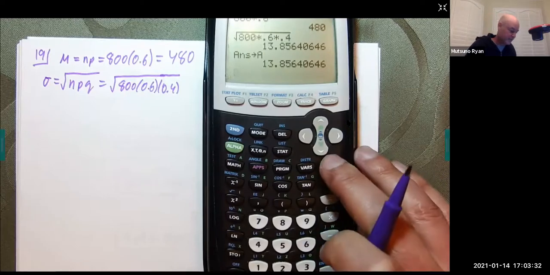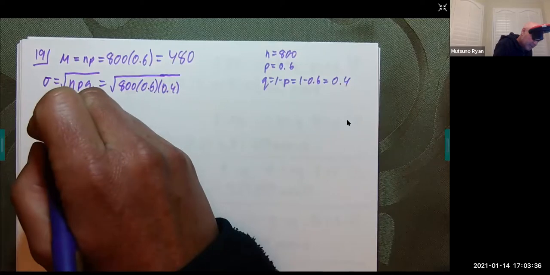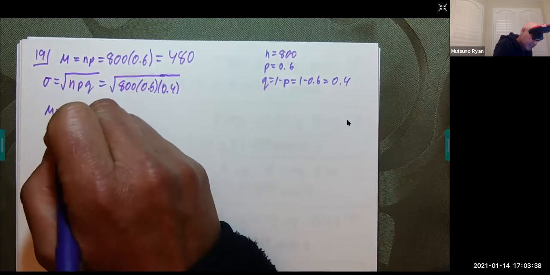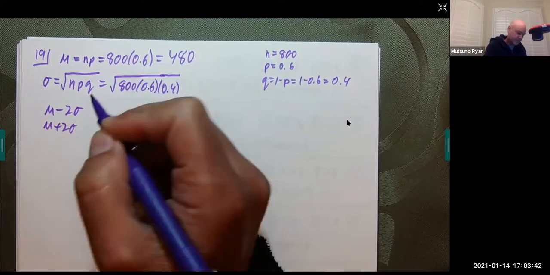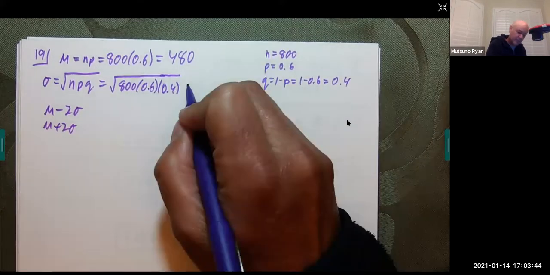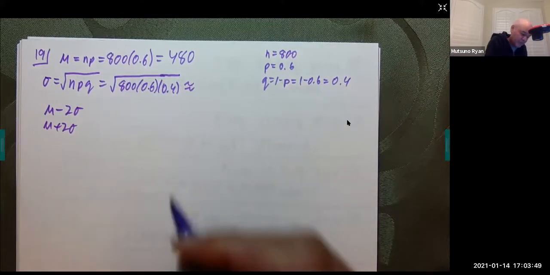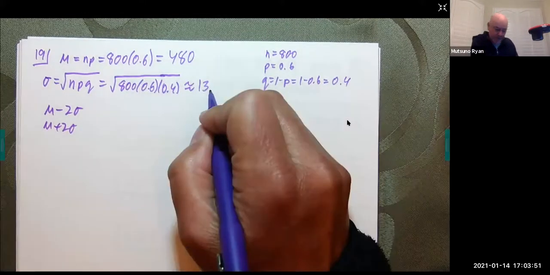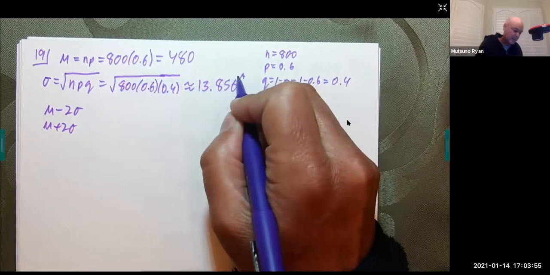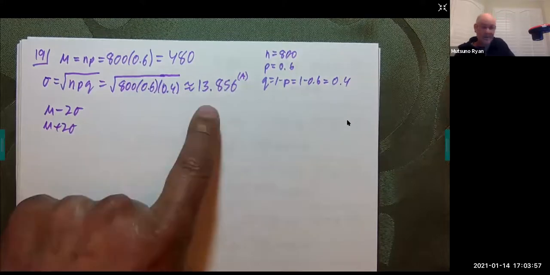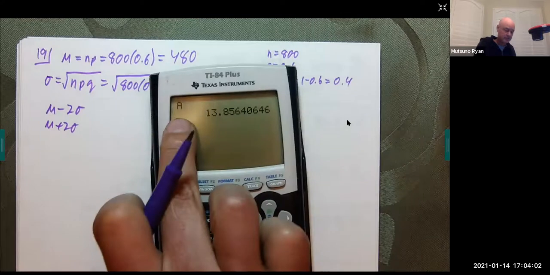And watch what I can do with this now. I'm going to go mu minus 2 sigma and mu plus 2 sigma. If you remember, I stored this number, which was about 13.856, into memory allotment A. Now, I'm not going to type that in. I'm just going to use the letter A that I put in there.